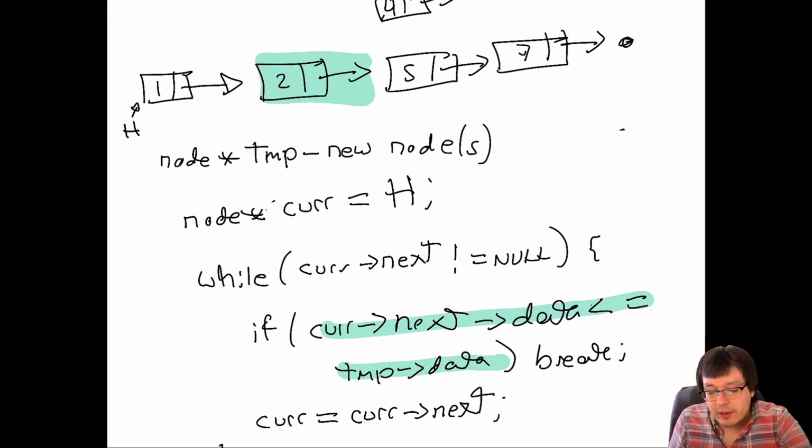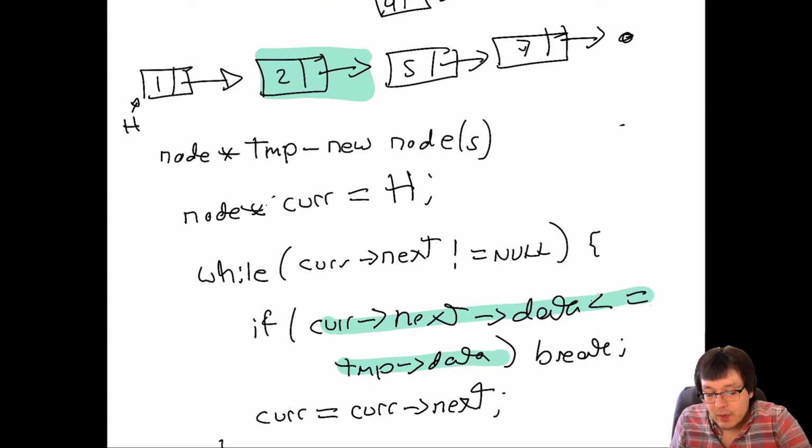So what I'm doing here is I'm saying, okay, when I see the number that follows being smaller than what I'm trying to insert. Actually, do I want it smaller or bigger than? If I'm looking at 2 and the next number to insert is a 5. Yes. Okay, so this is actually correct.